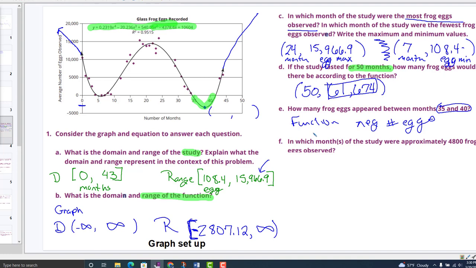But is that reality? No. We either have no eggs observed, didn't take data, or something. There is a problem with our data in this loop right here.